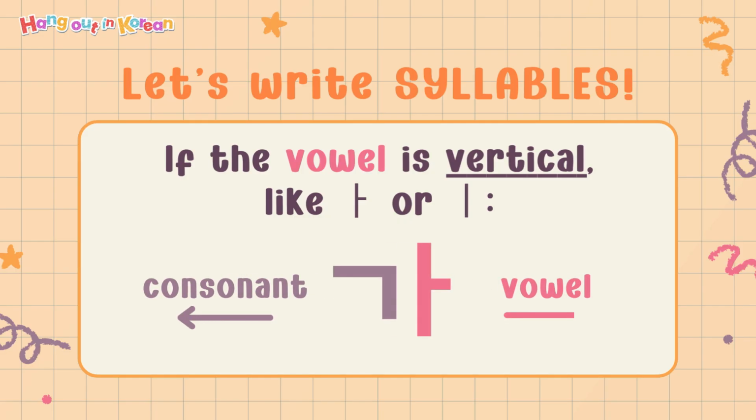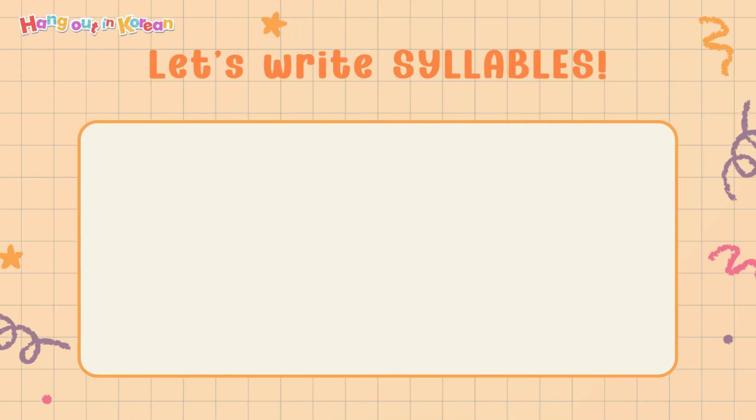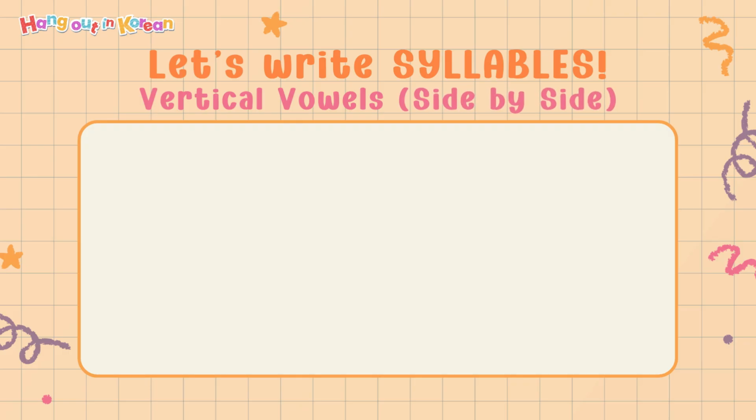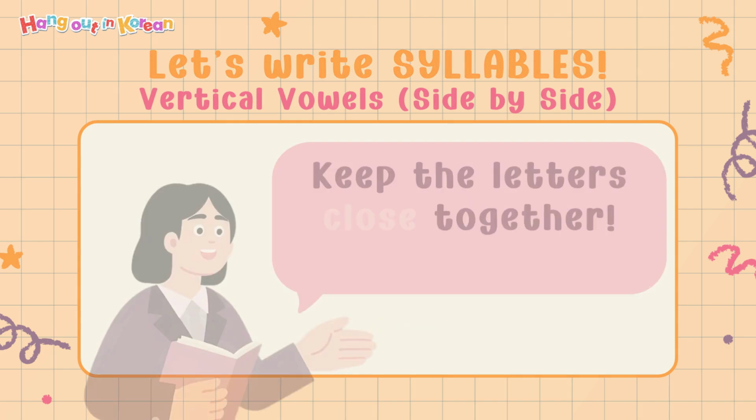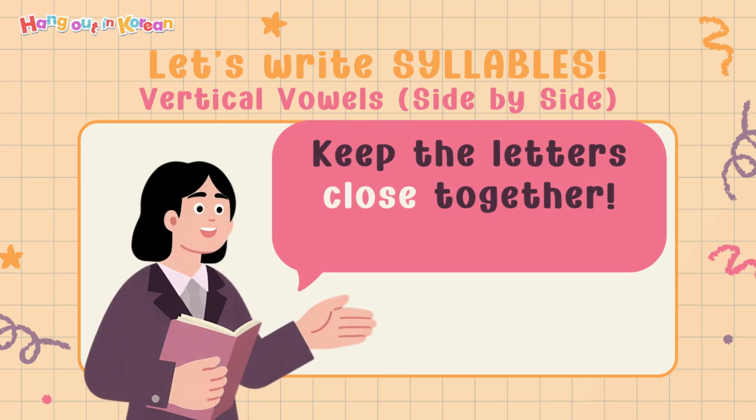The vowel goes on the right. Let's practice writing syllables with this vertical vowel. Ga. Remember to keep the letters close together so they look like one block.